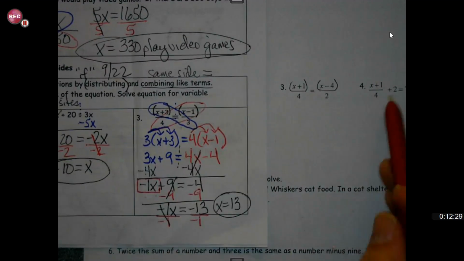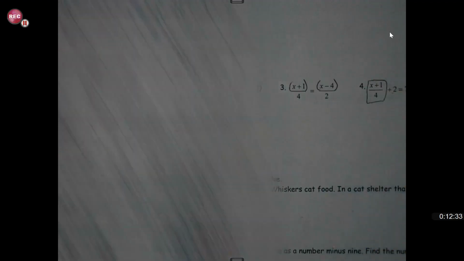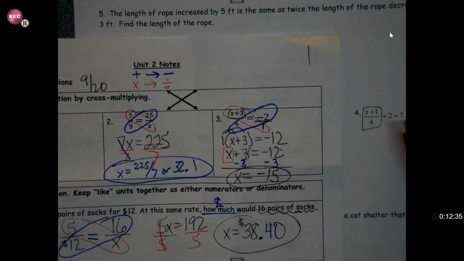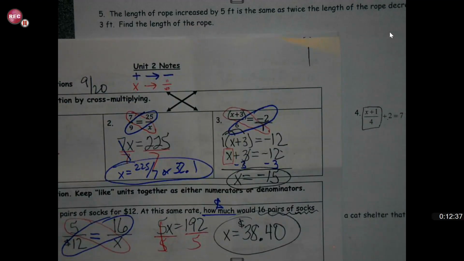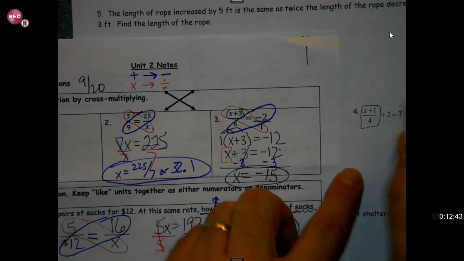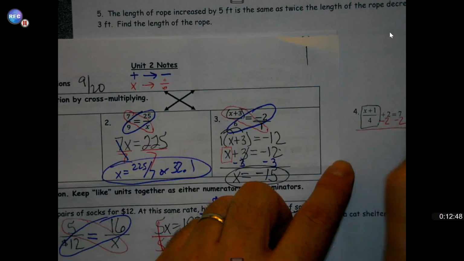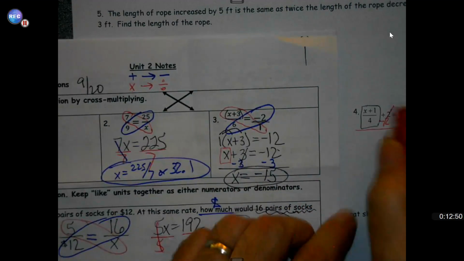Or if you're not sure how to deal with number 4, maybe you look at that and you're going, oh, but wait, there's one thing on number 4. That 2 is making this not look like this. So, before we go too far, I'm going to give you a hint here, just a hint.